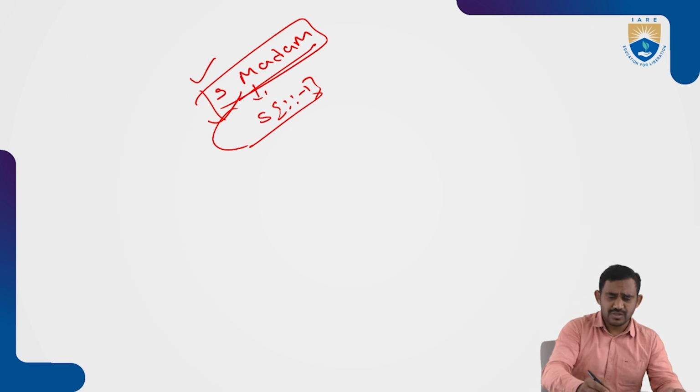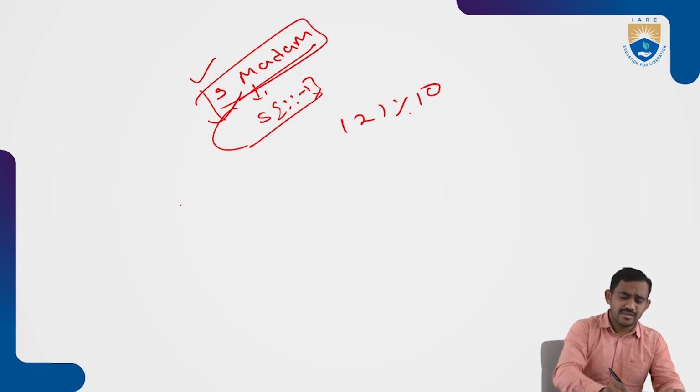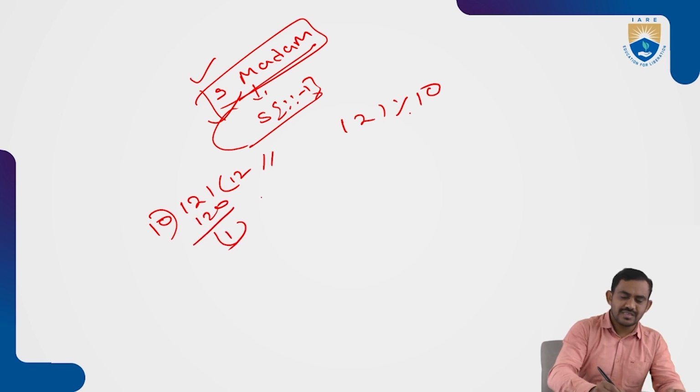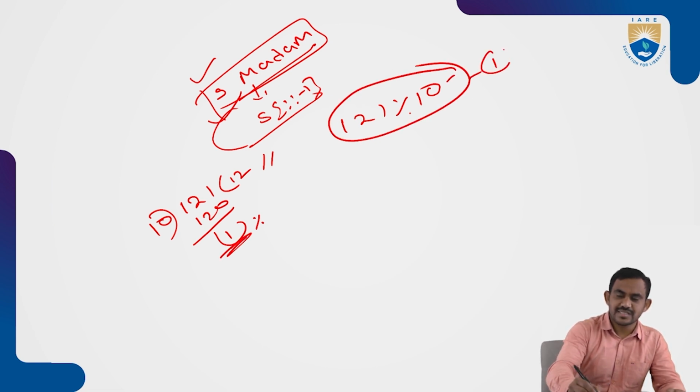If suppose you don't know, then 121 modulo 10 gives 1. Using floor division, 121 divided by 10 gives 12. Using modulo, we get the 1, the starting digit.